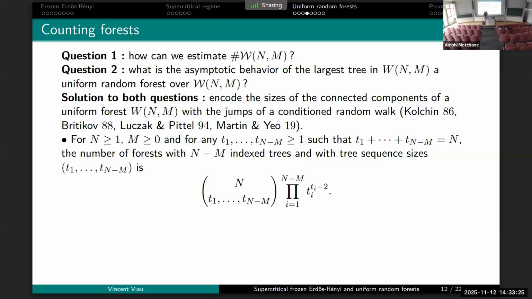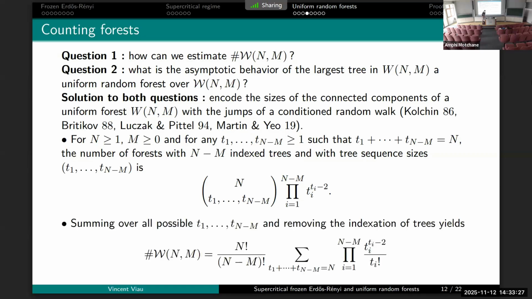And so if you just sum over all possible choices of sequence t_i, and if you remove the indexation of the trees, what you get is this formula for the cardinality of the number of forests with n vertices and m edges.